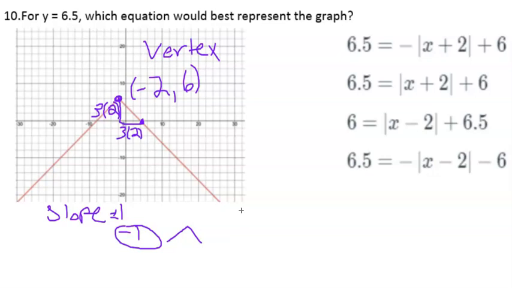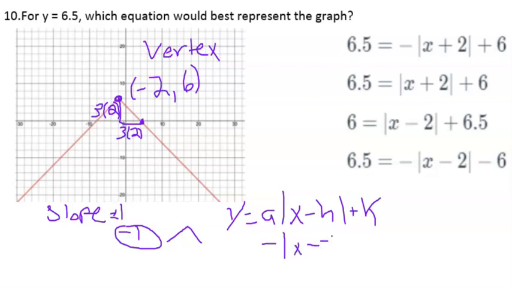So from here, we can plug our found values into our formula. y equals a times the absolute value of x minus h plus k. So our a is negative 1, so I have a negative sign, x minus h, which is negative 2, plus 6.